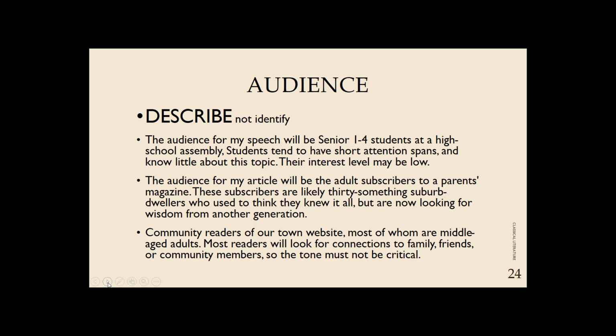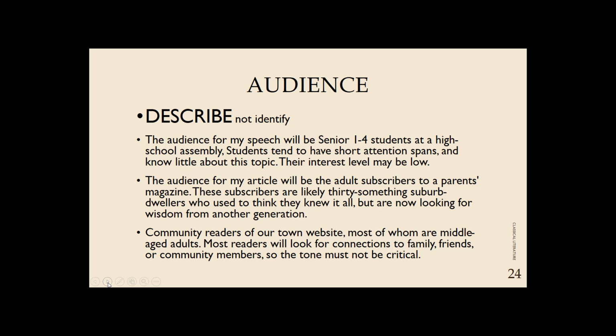So, here's some examples. The audience for my speech will be senior 1 to 4 students at a high school assembly. Students tend to have short attention spans and know a little about the topic. Their interest level may be low. Second example, the audience for my article will be the adult subscribers to a parents magazine.